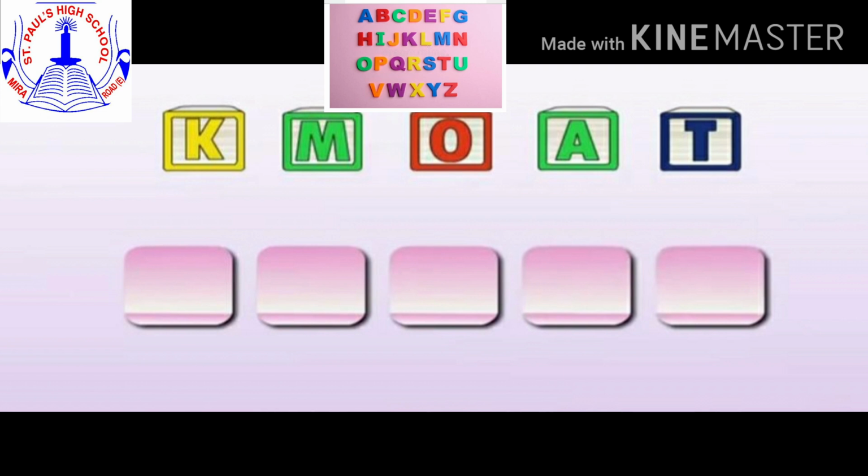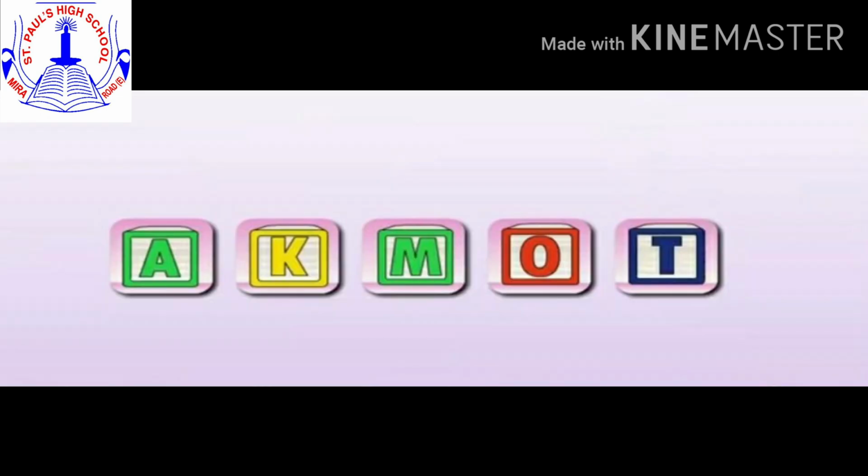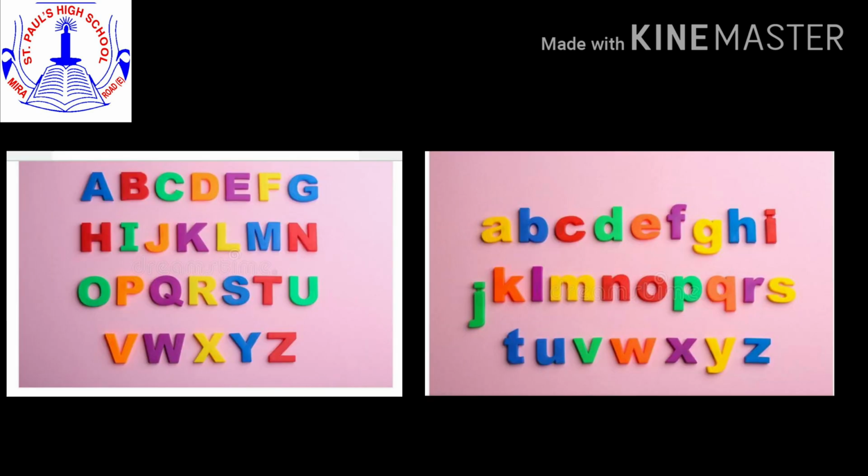The next letter is M. N, no. O, yes. And the last letter is T. Correct answer of alphabetical order is A, K, M, O, T. We have placed capital and small letters in alphabetical order.